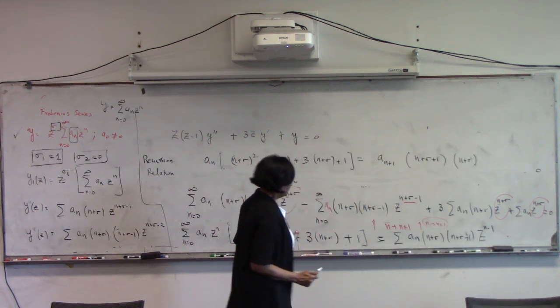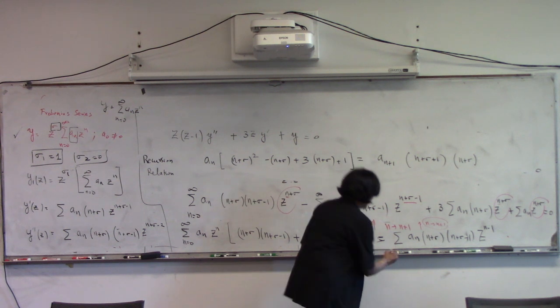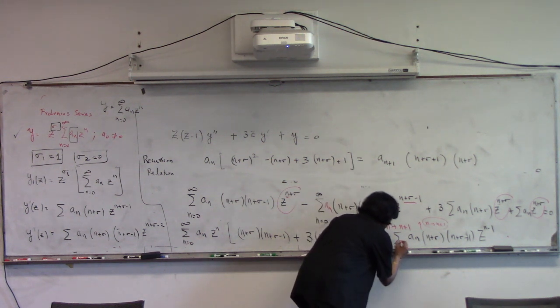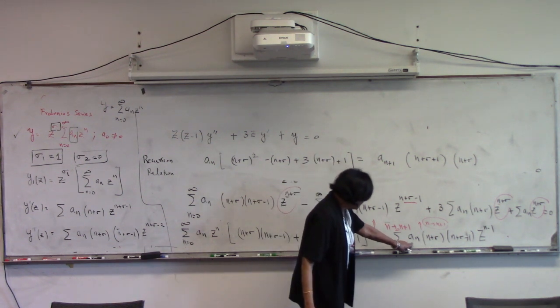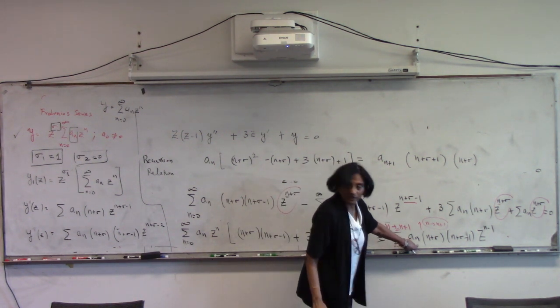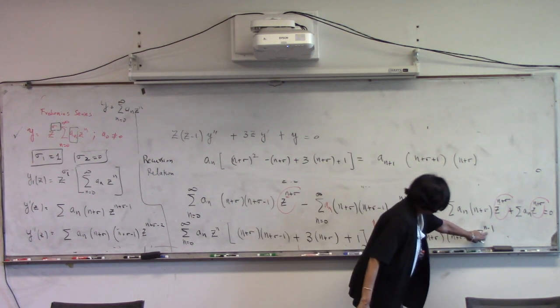Is this clear? So I have to change n to n plus 1. Because this is an infinite series, in order to compare the same power of z, I have to look at the term n equal to n plus 1. Is this step clear? So that I have z to the power of n here.